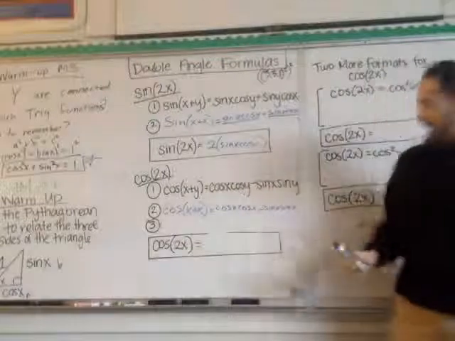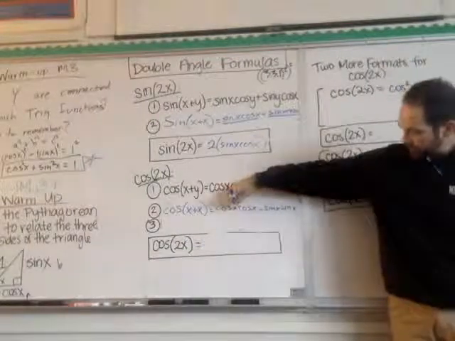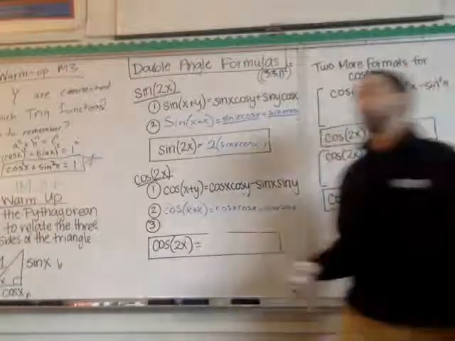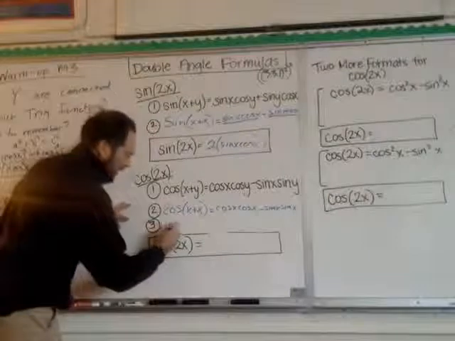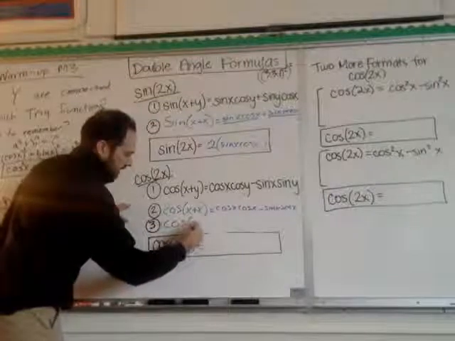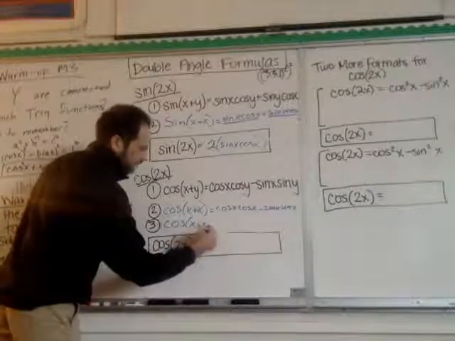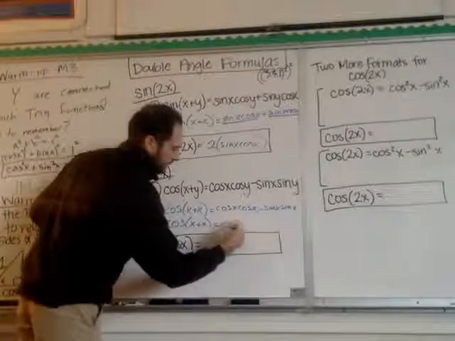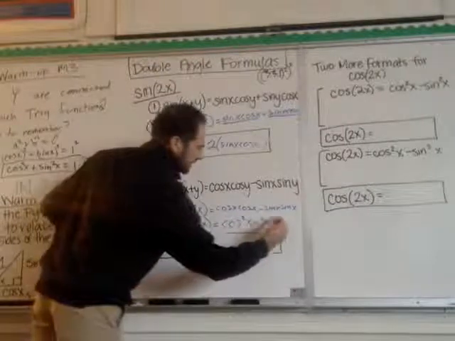So how should I then express these 2, since it is multiplied, and they're identical? What do we do then? It's a squared value. So here we're going to go the cosine, and actually, I don't think we need this step because we're going right to the answer, but that's fine, we'll do it. So we end up with the cosine squared of x minus the sine squared of x.